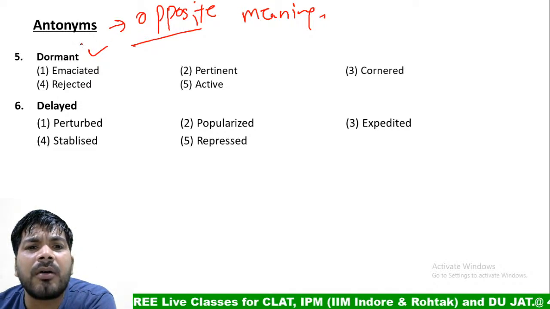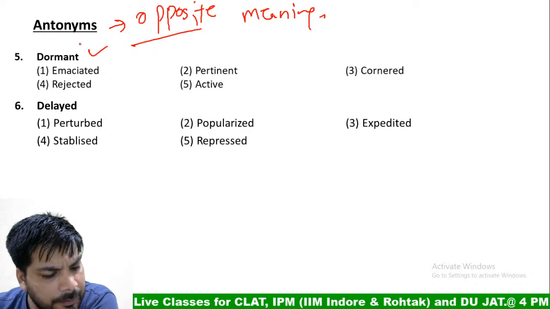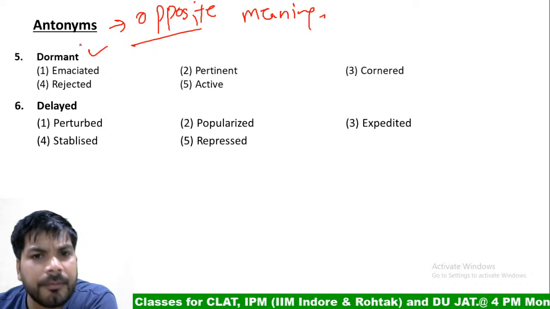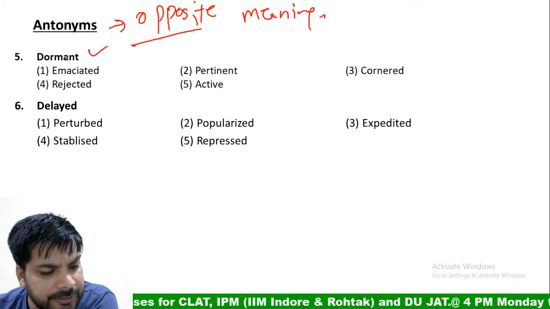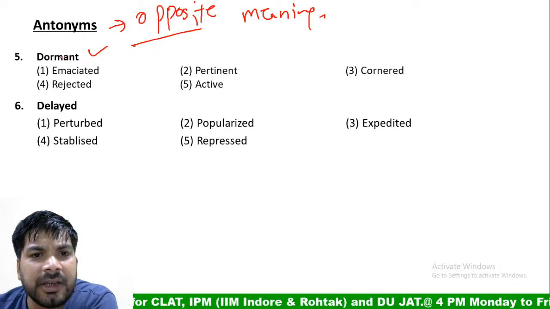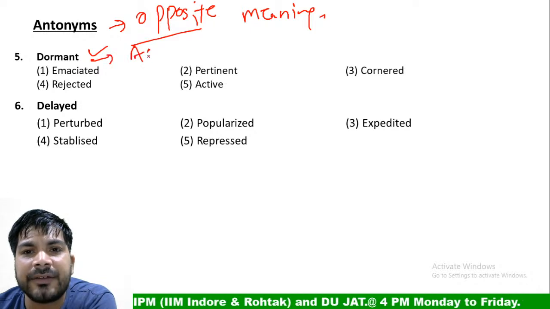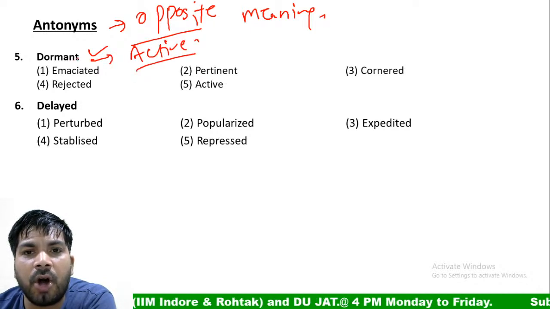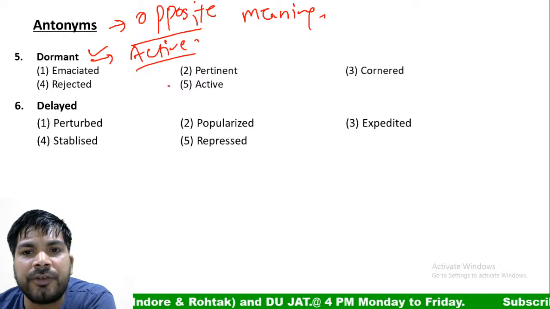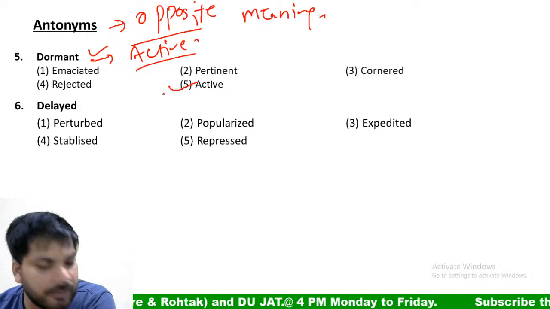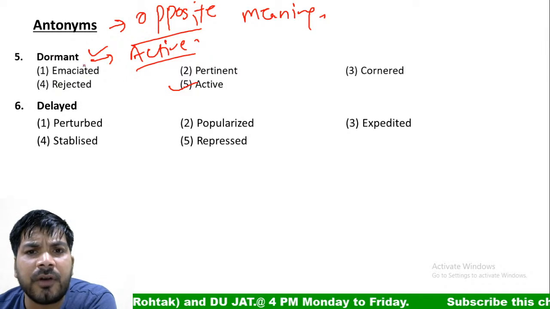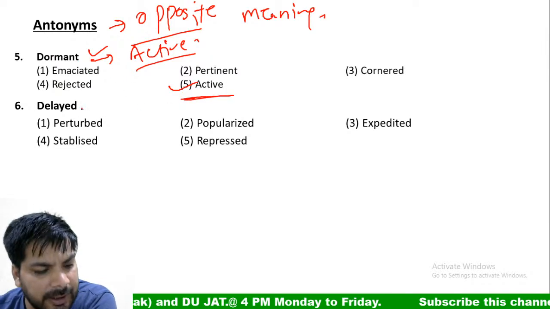What is the antonym of dormant? Dormant means something which is not very active. Active volcano and dormant volcano. So the opposite of dormant should be active.